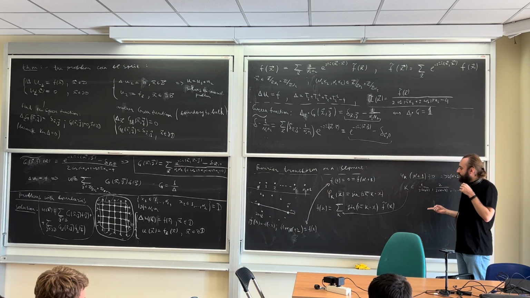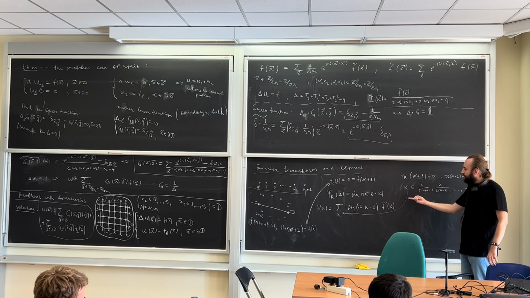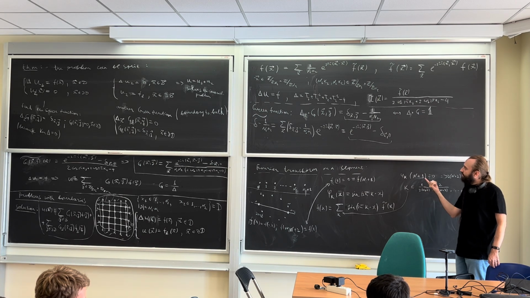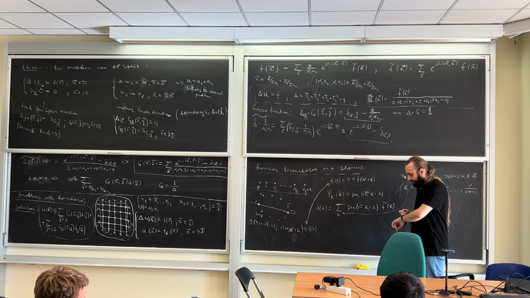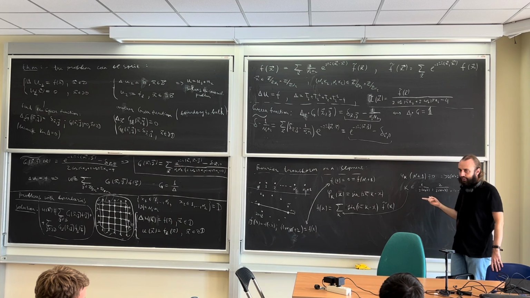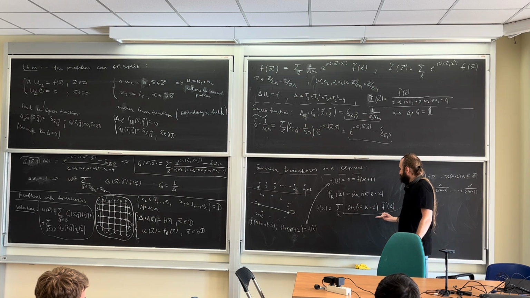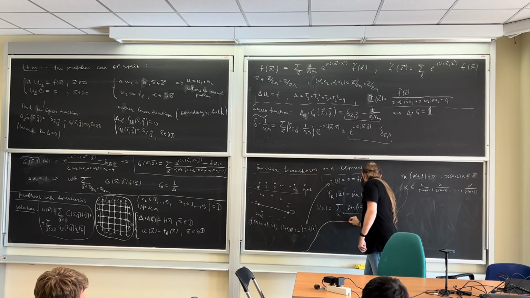But the question is why this Fourier transformation with sine functions is useful for our purposes. Like, why is it useful for a solution of the Laplace equation? The answer is the following. This sine is not an eigenfunction of t, of the shift operator.